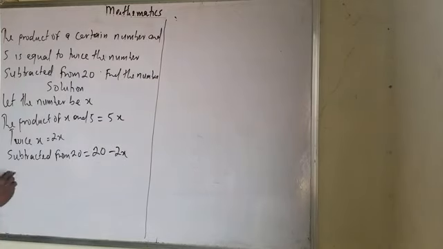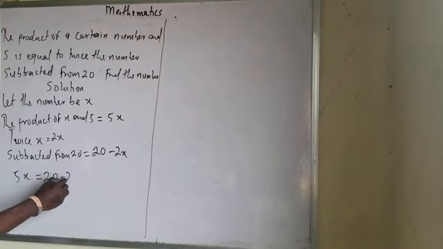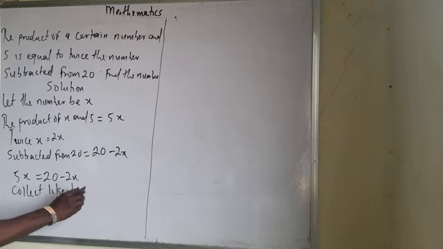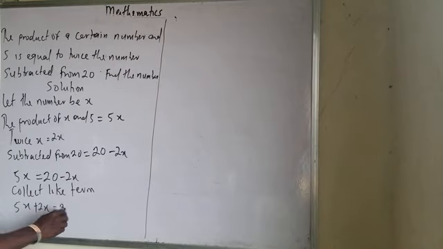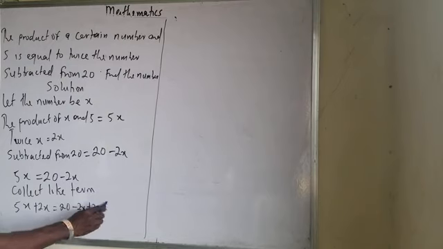Now, to make it real, 5x equals 20 minus 2x, which I will collect like terms. When I collect like terms, I have 5x plus 2x equals 20, minus 2x plus 2x cancels out. This will be 7x equals 20.